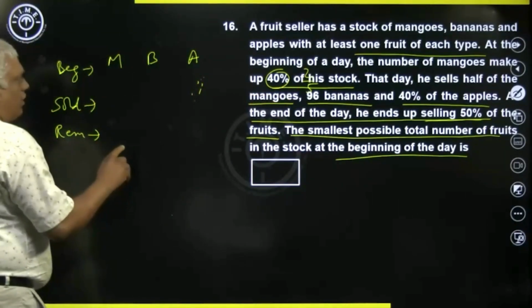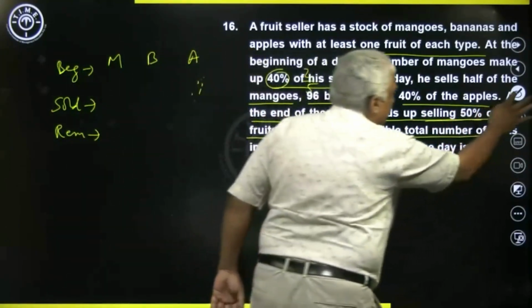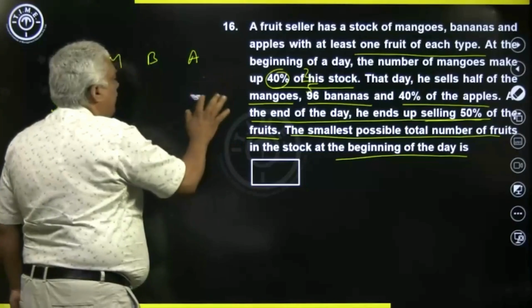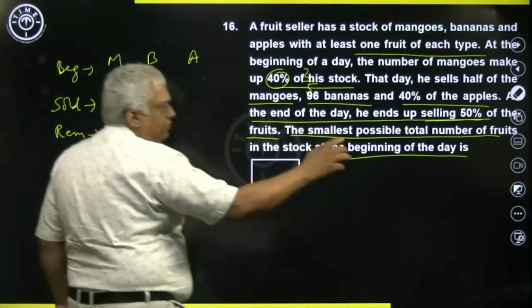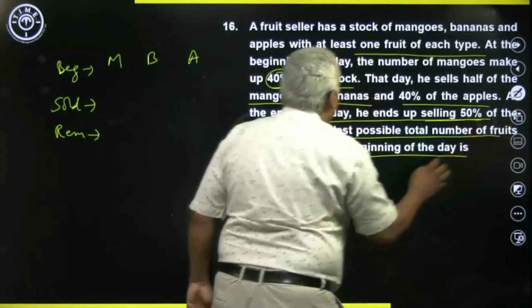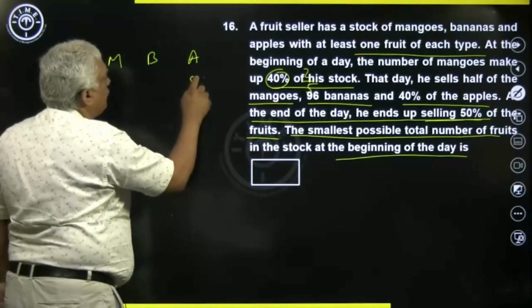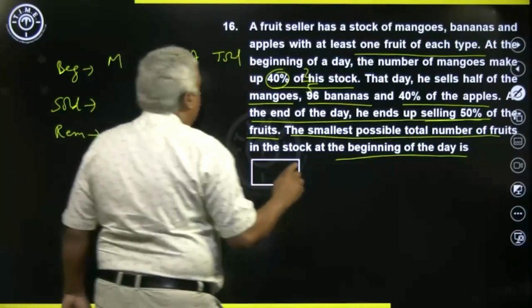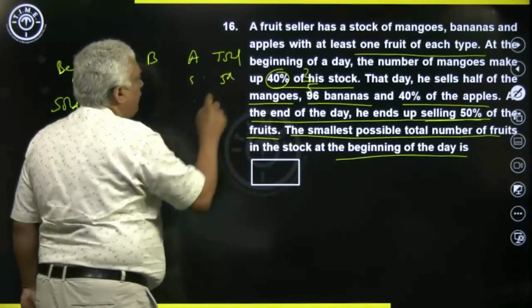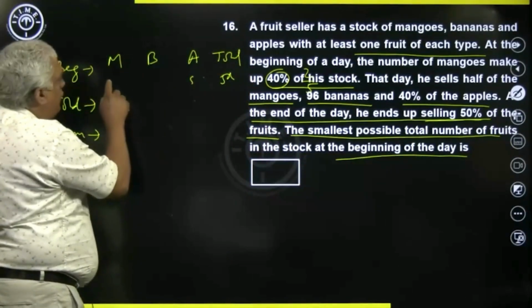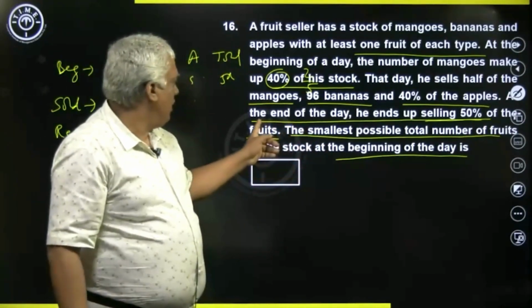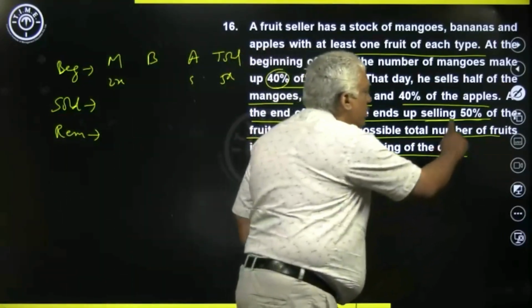If I take total as 5x, then the mango will be 2x, and at the end of the day he ends up selling 50%.